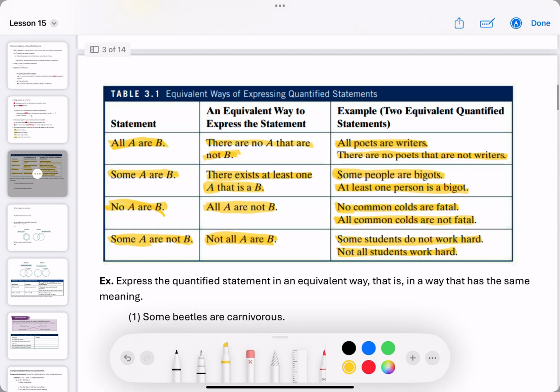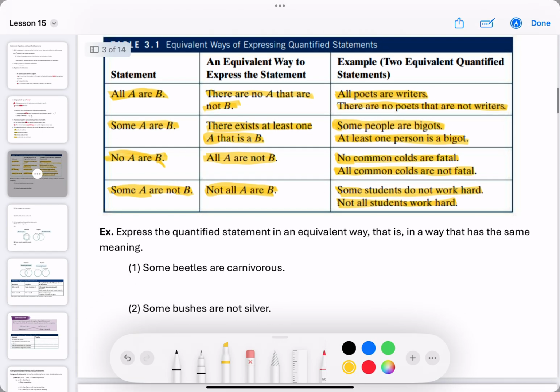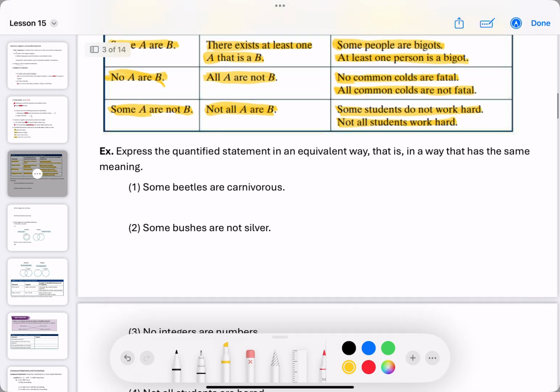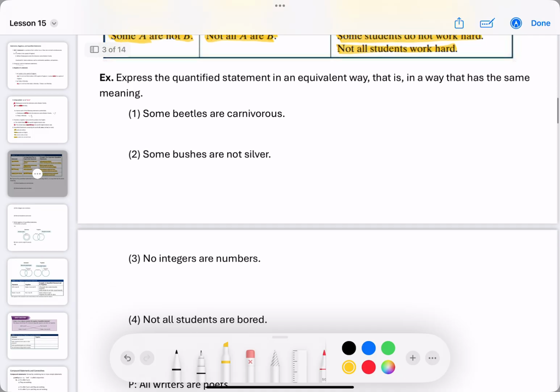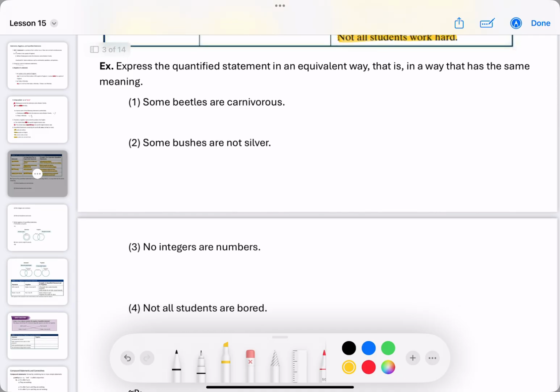Let's use all of these to write the equivalent statement of the following examples. First one, some beetles are carnivorous. That means at least one beetle is carnivorous.